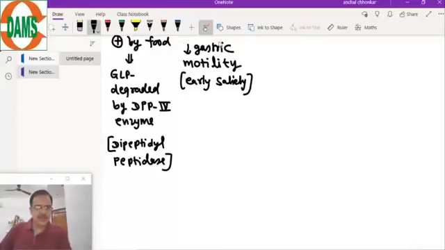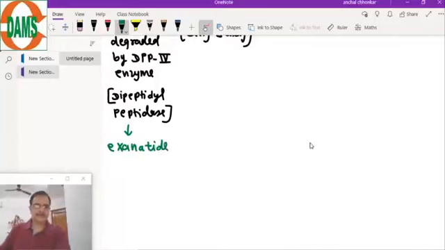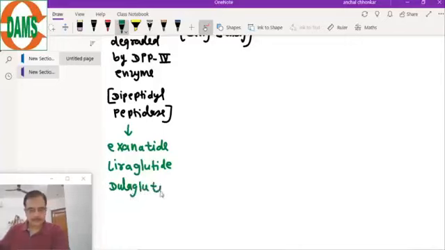And before going to the next drug, let's complete the table of the GLP-1 agonists. So these agonists are exenatide, then liraglutide, dulaglutide.